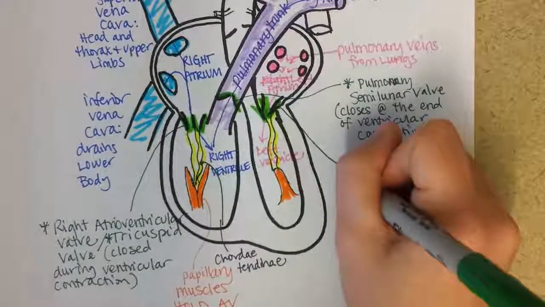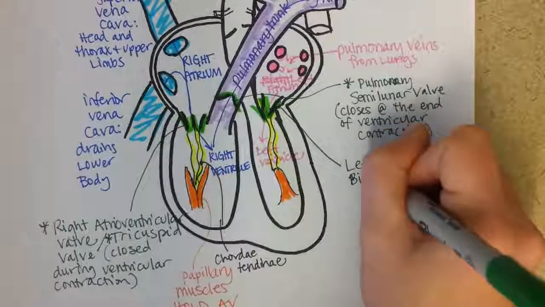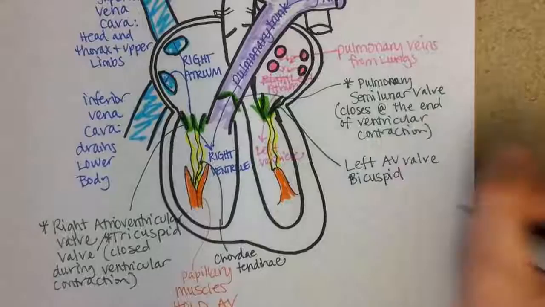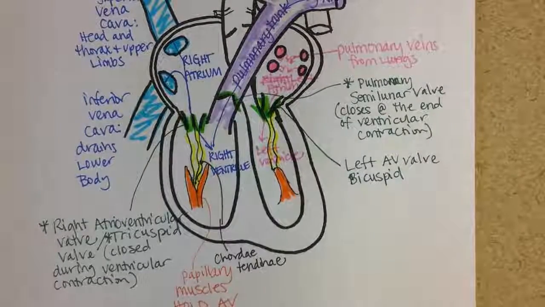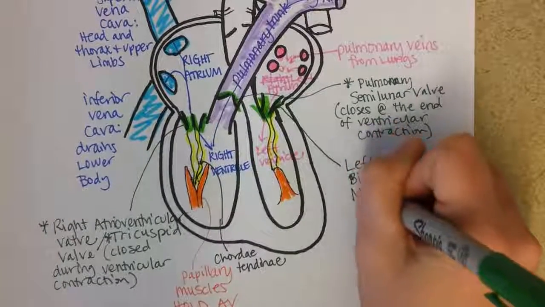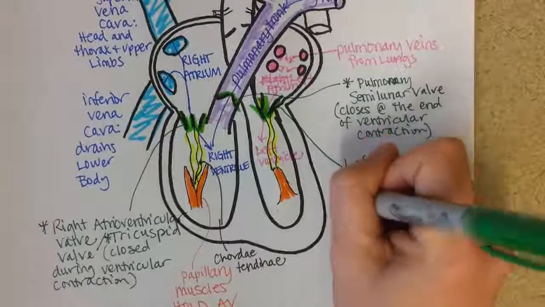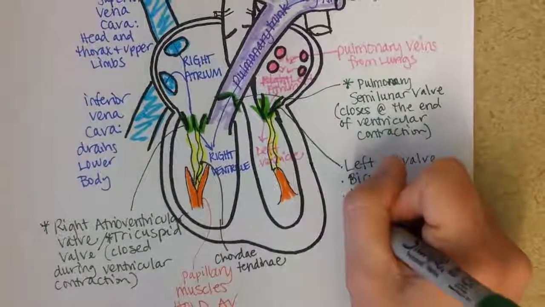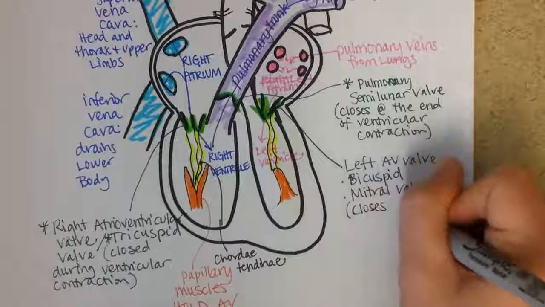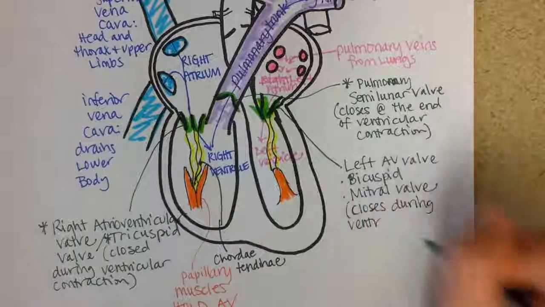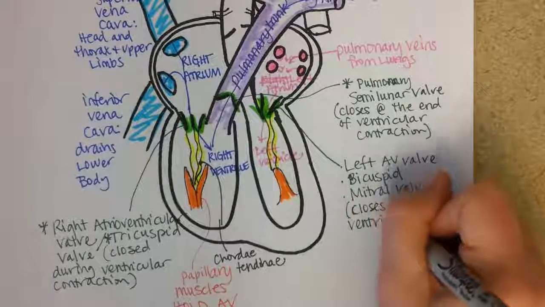Sometimes it's known as the bicuspid because it only has 2 flaps compared to the 3 flaps of the tricuspid. And it looks a little bit like a Pope's hat, so sometimes it's called a mitral valve. 3 different names for the same valve. And just like the right AV valve, it closes during ventricular contraction.